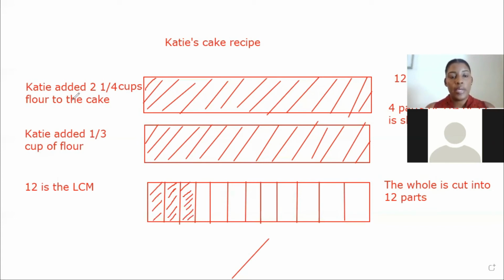So that's the 2 1/4 now represented on the diagram. Are you seeing that, Christina and Junior?